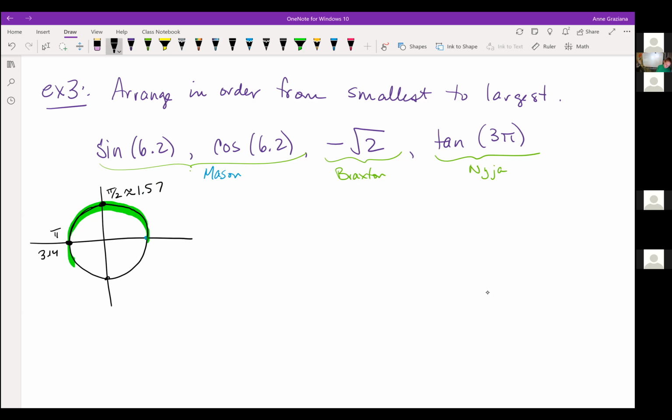And then what about this one, Mason? 3 pi over 2. 4.71. Yes, good. And then when I get all the way back here, this is 2 pi, which is how much? 6.28. There you go.